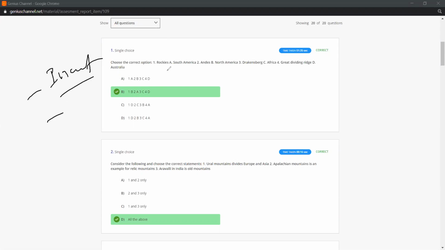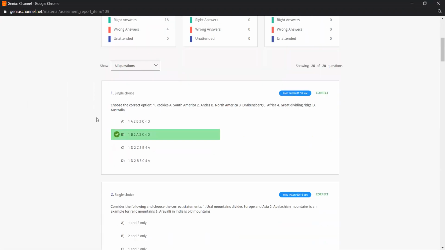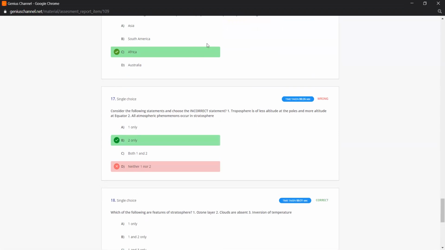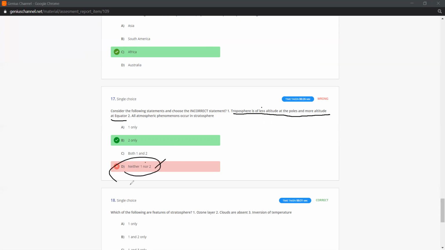Look at this question. While reading, troposphere is of less altitude in the poles and more altitude in the equator. I'm able to read this, but when I'm converting that into an answer, I get confused and chose the wrong answer.